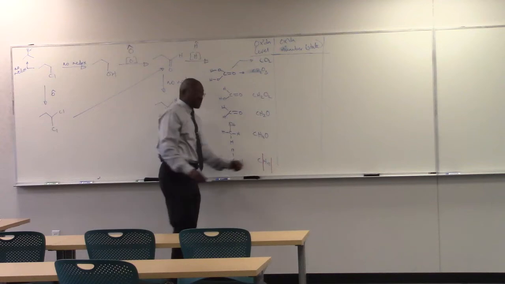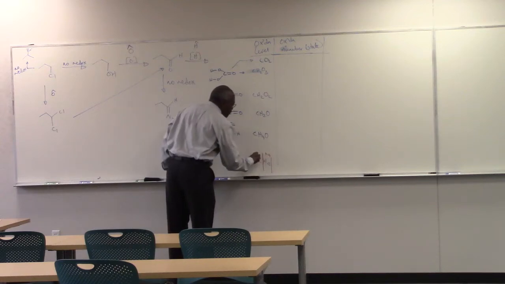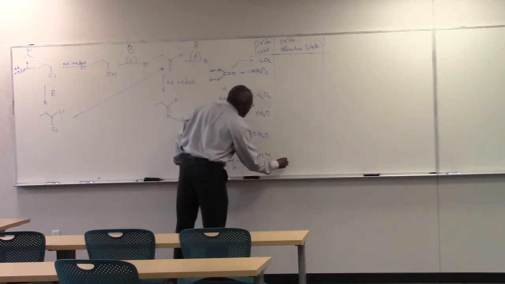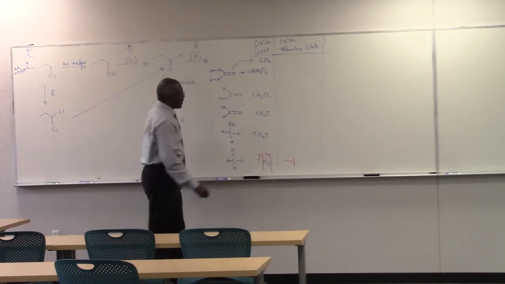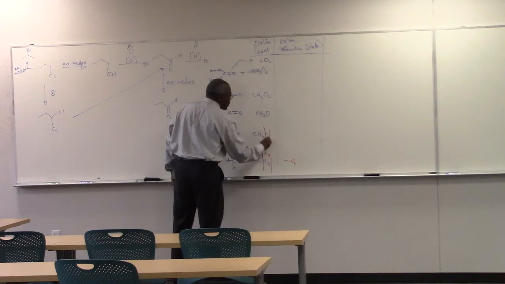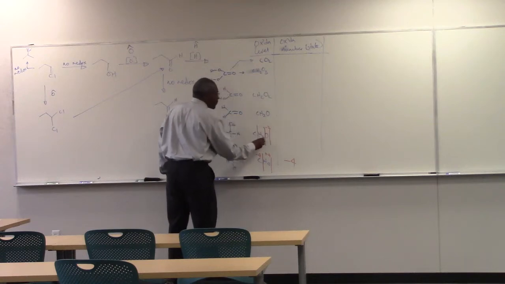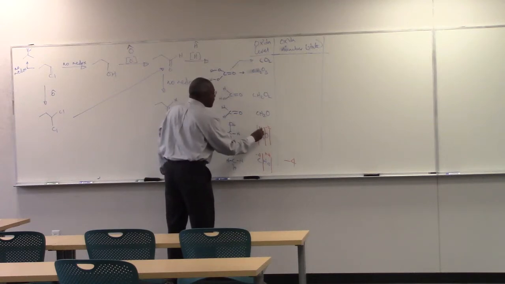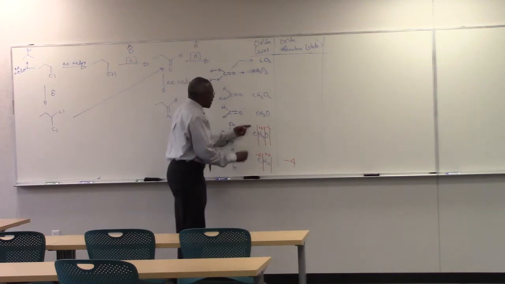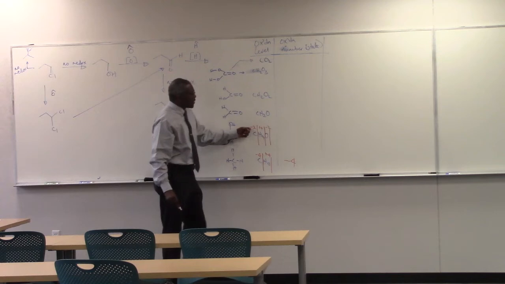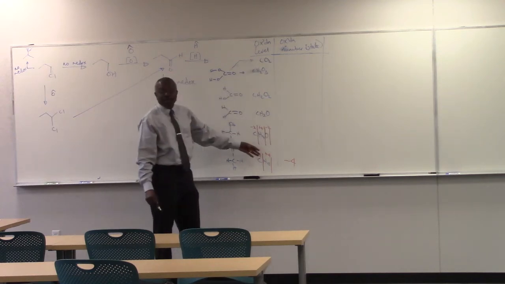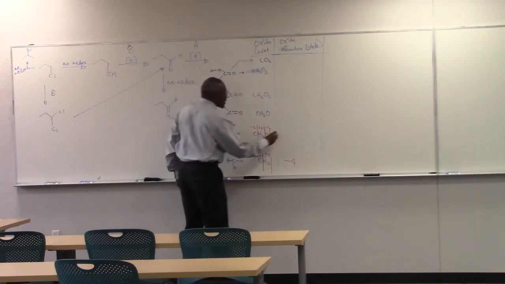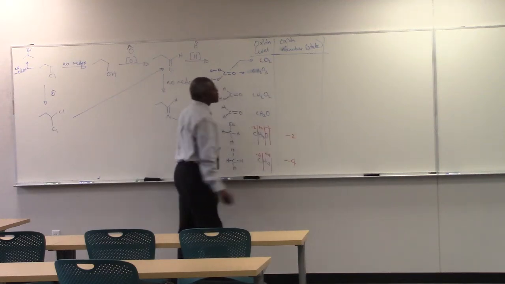And there are 4 H's here, so that's +4, which means each carbon is -4. This is -4 for that carbon. Each O is -2. Each H is +1, so that's +4. So the oxidation number of this carbon is going to have to be -2. So -2 + 4, -2 is going to be 0. And all of these compounds are electrically neutral. So this carbon is at a -2 oxidation state.